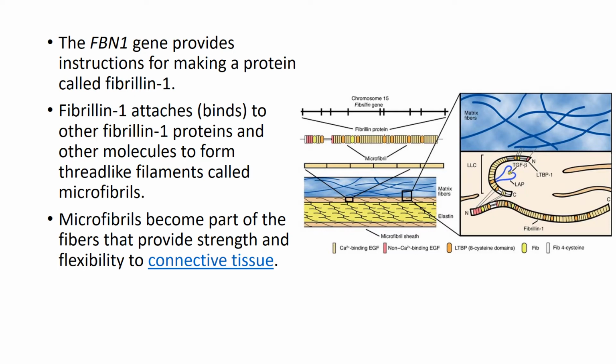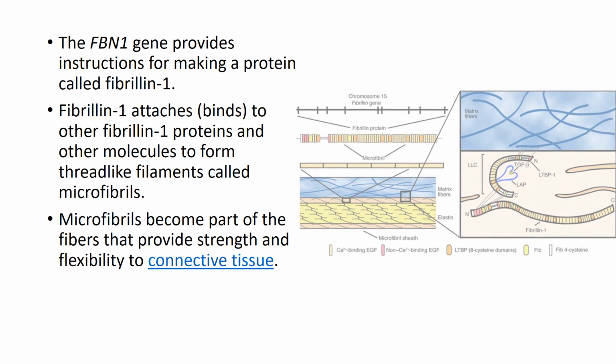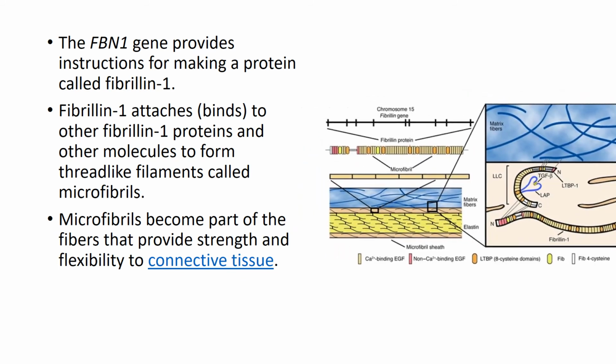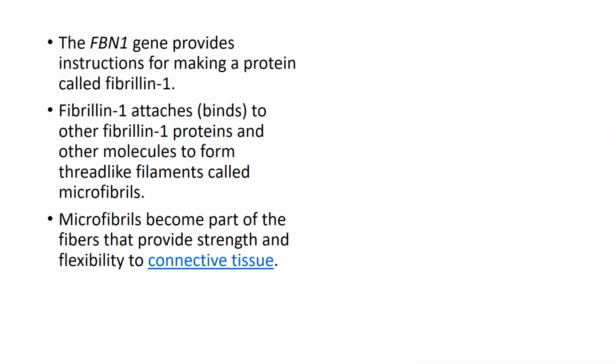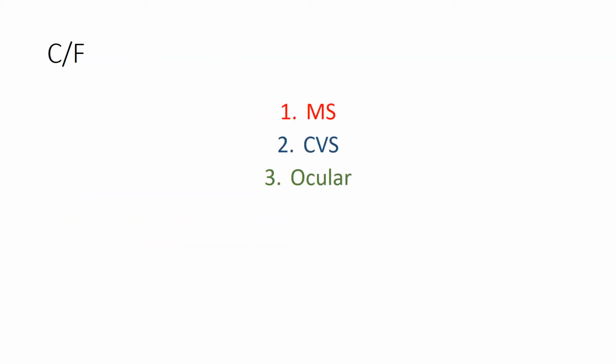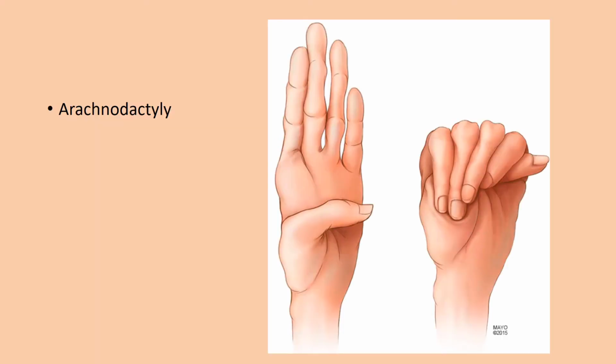Now, the clinical features can be broadly divided under three headings: musculoskeletal system, cardiovascular system, and ocular system. Under the musculoskeletal system, the cardinal feature is arachnodactyly, where your fingers are thin, slender, and long.